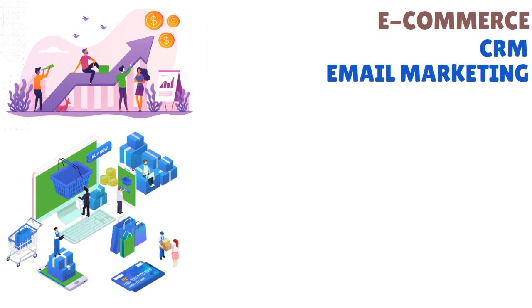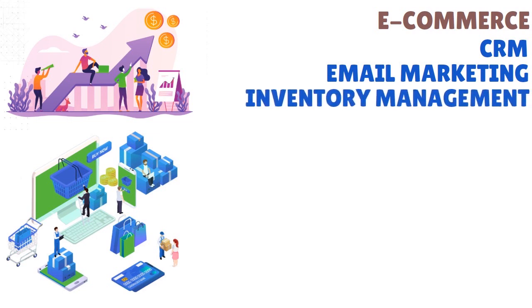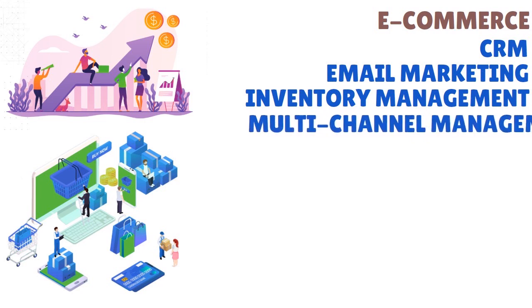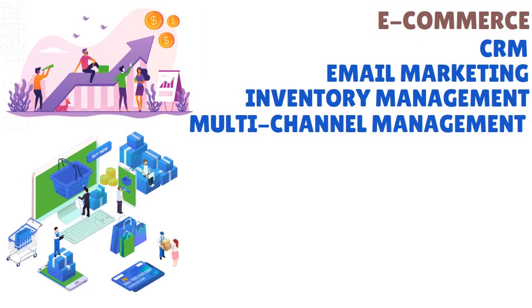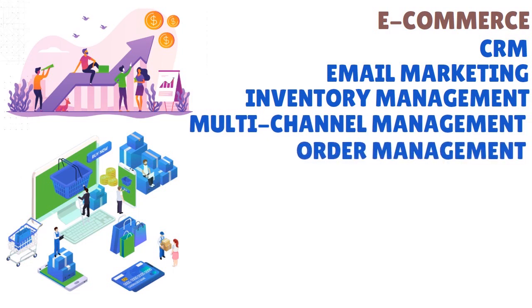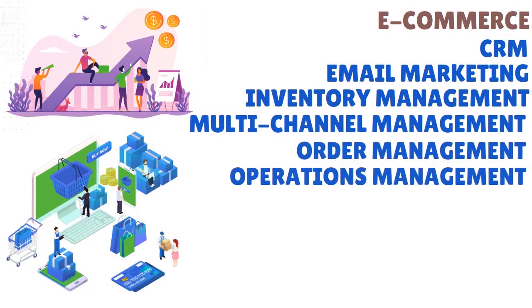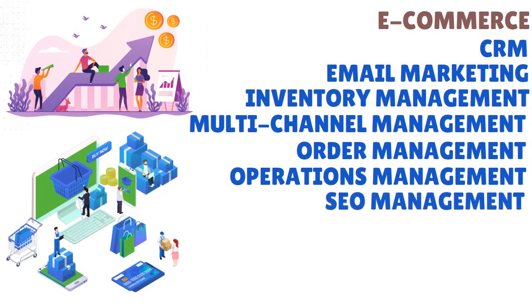Another differentiator you have within Kibo Commerce is the inventory management capability. That's kind of cool in terms of helping you. I spoke a little earlier about the available to promise, the ATP inventory. You have multi-channel management. You have order management. You have operations management. You have SEO management.